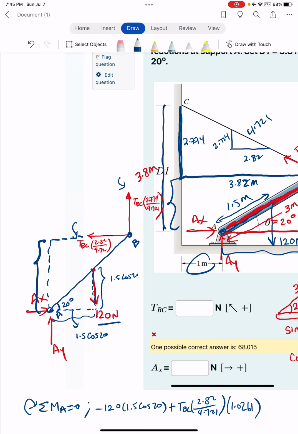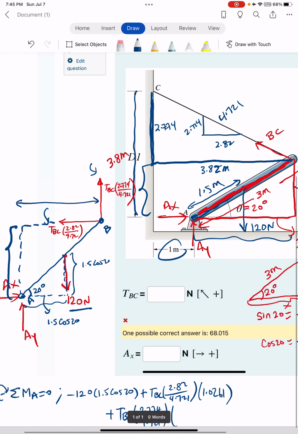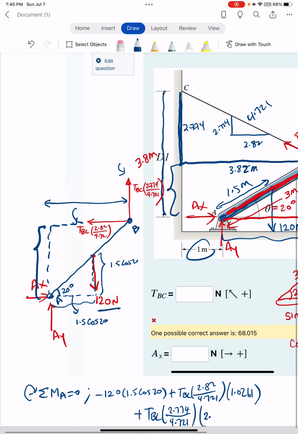This force will also produce a positive moment, TBC 2.774 over 4.721 times the distance perpendicular to it, and that is 3 cosine 20, which is 2.82, and that is equal to 0.